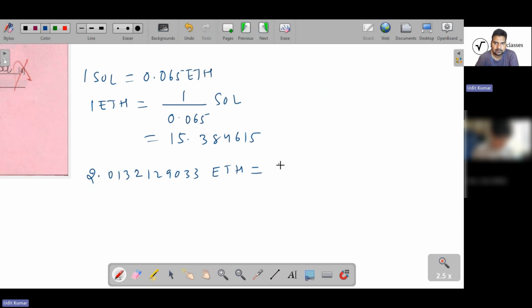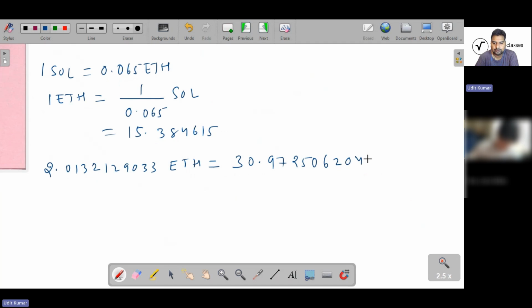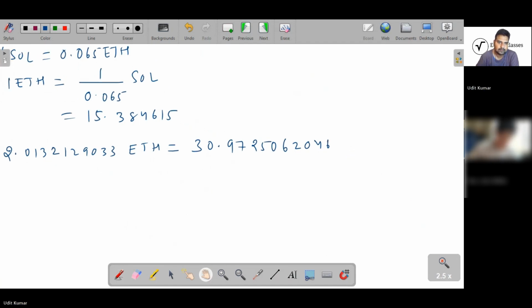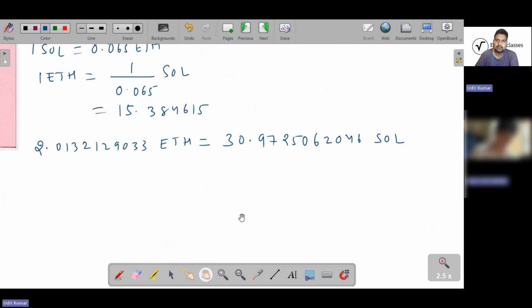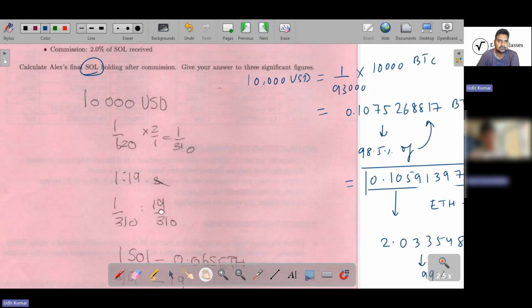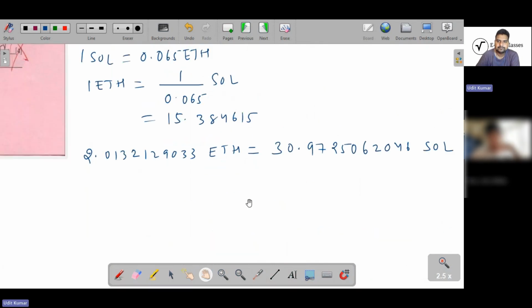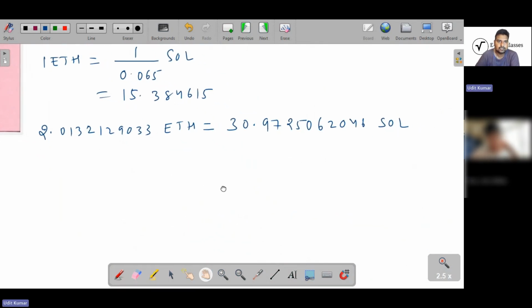You will get 30.9725046, right? I got 30.97249282. Anyways, we'll have to write the answer up to 3 significant digits anyways, right? Yes. That is fine. So this is what you will get.